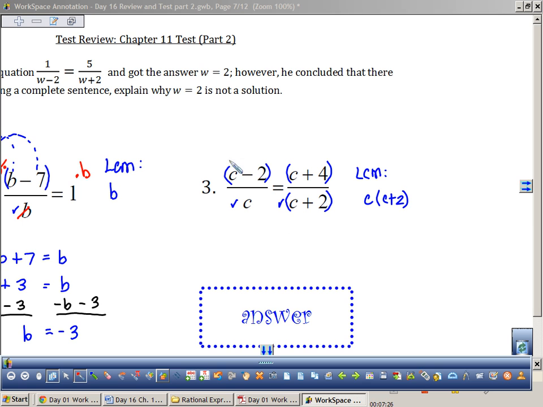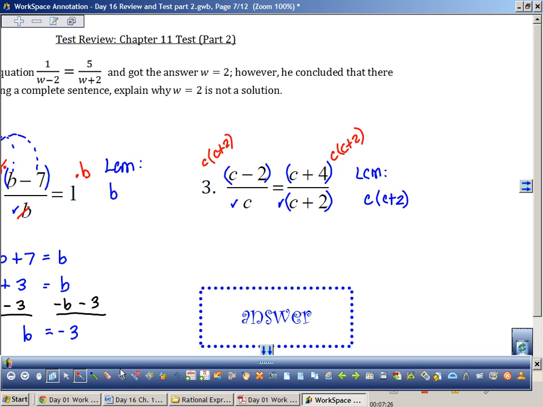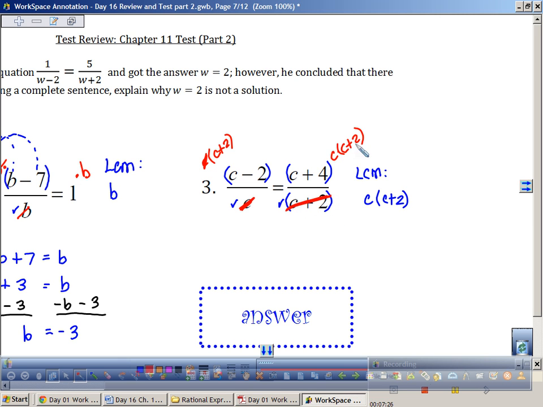I'm going to multiply both sides of my equation by what? C times c plus 2. When I multiply both sides of my equation by c times c plus 2, what goes away over here? C goes away. What goes away over here? C plus 2 goes away.